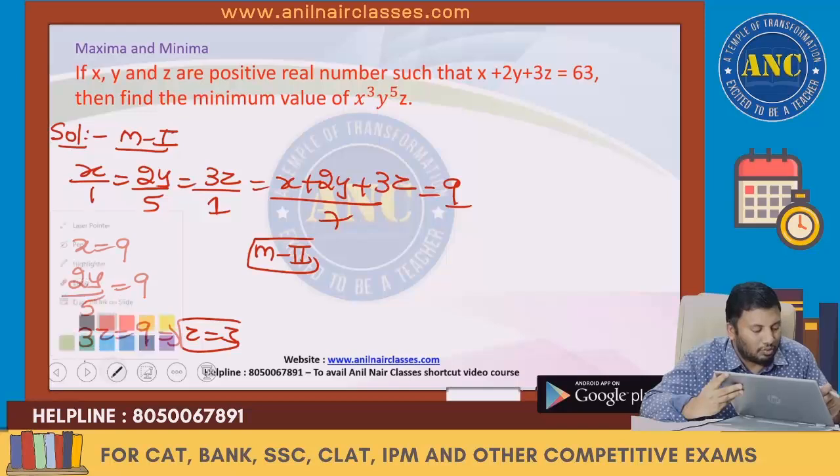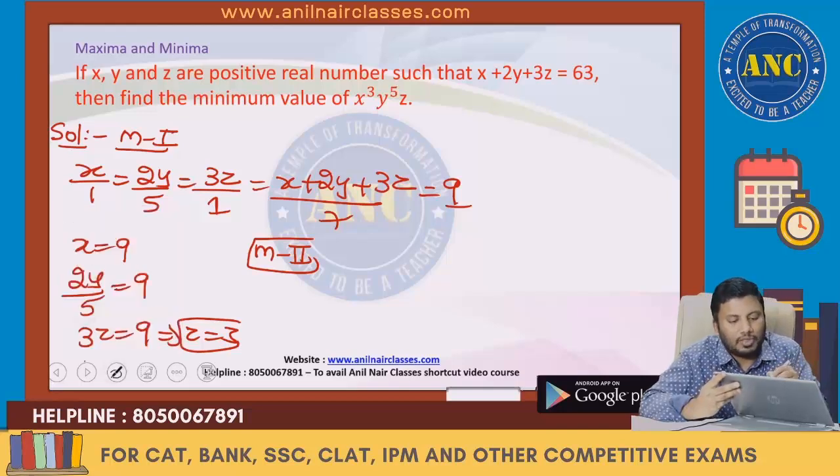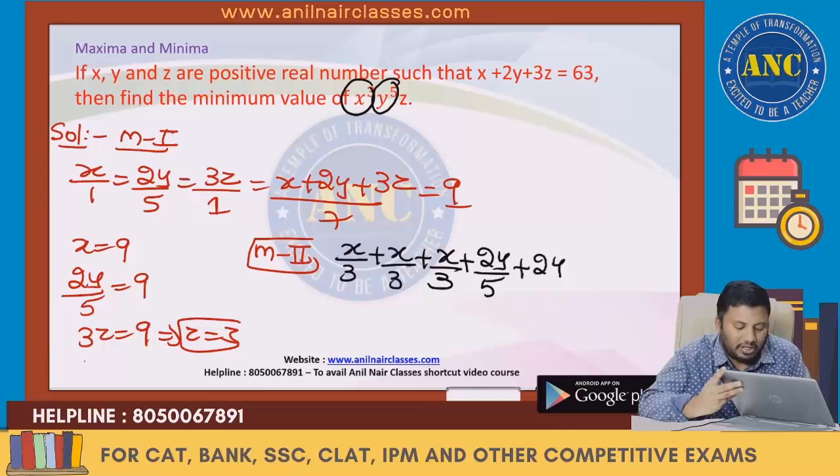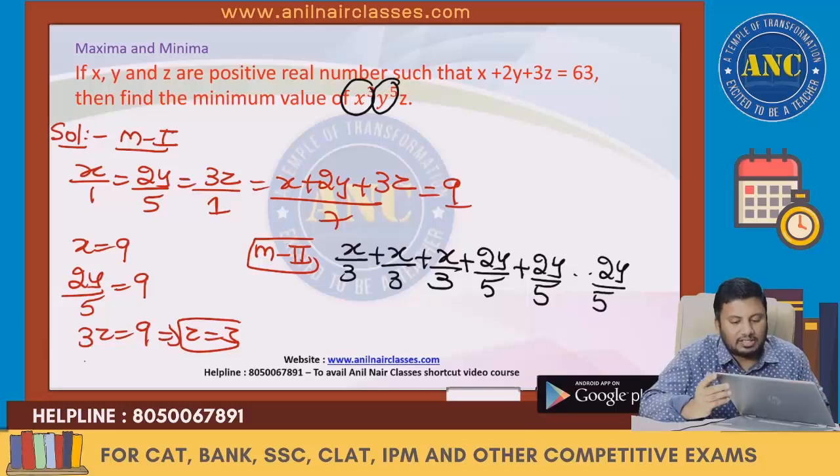Method number 2. What you can do is, here it is x cube, so divide x into 3 parts: x by 3, x by 3, x by 3. This is y power 5, so divide 2y into 5 parts: 2y by 5, 2y by 5 and so on up to 2y by 5. z is 1 part, so 3z.